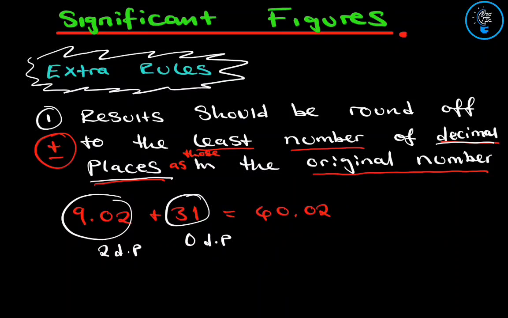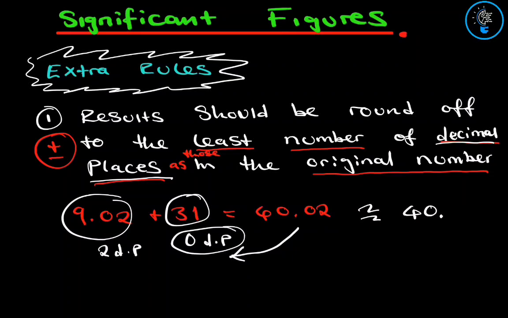So your solution must be rounded to the least number of decimal places as those in the original number. So this one has the least number of decimal places. So the solution must have the same number of decimal places as this factor. So we're going to say this one will have 40 this way. So we can just write it as 40.